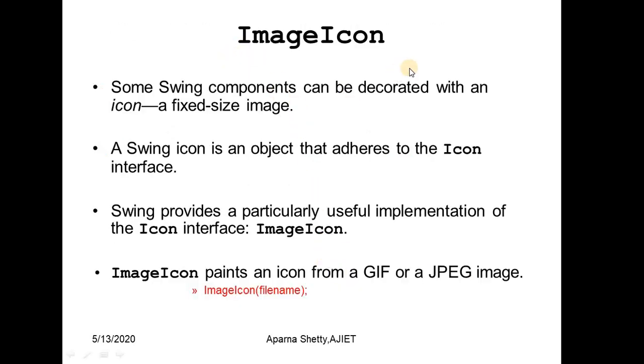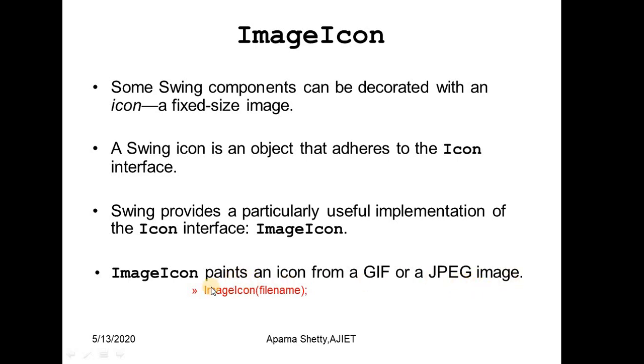Next is ImageIcon. Some Swing components can be decorated with an icon, that is a fixed size image. When I say an icon, it is a fixed size image. A Swing icon is an object that adheres to the Icon interface. Swing provides a particularly useful implementation of the Icon interface, that is ImageIcon. ImageIcon paints an icon from a GIF or a JPEG file image.